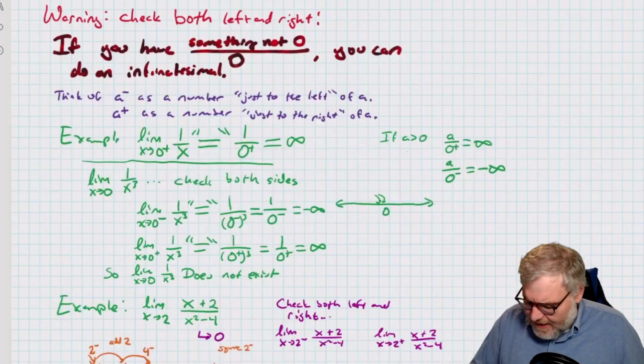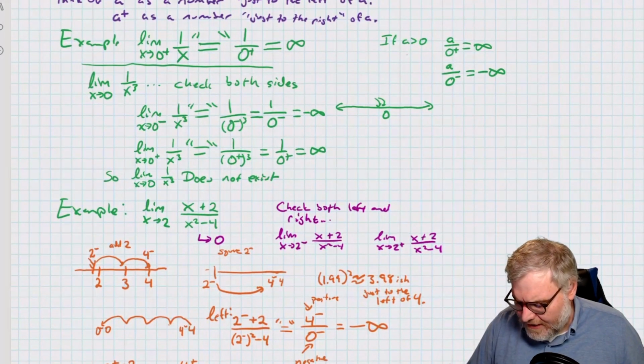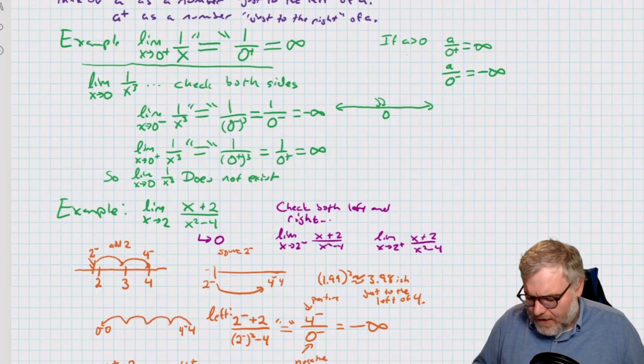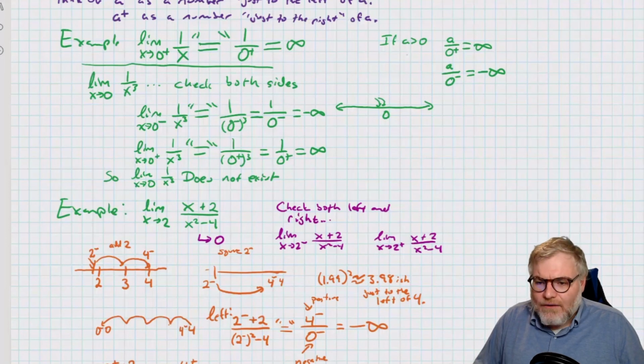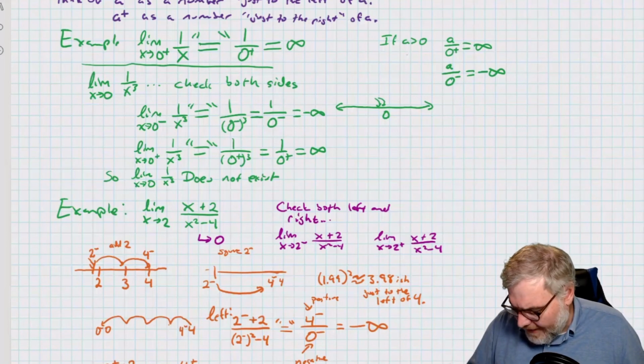Let's look at another example here. I'm going to do the limit as x goes to 2 of x plus 2 over x squared minus 4. Now, you might just say, well, I've got x squared minus 4 on the bottom, why don't I just factor the thing? So you can do that. So let's do it that way real fast.